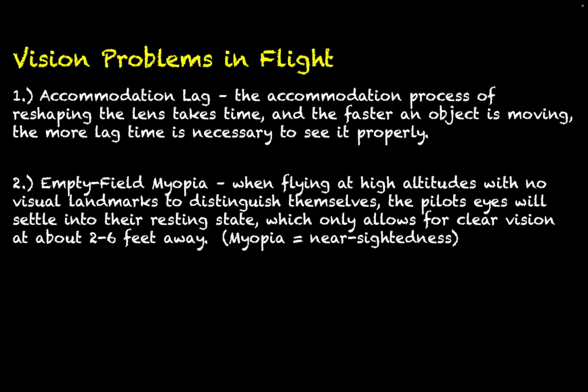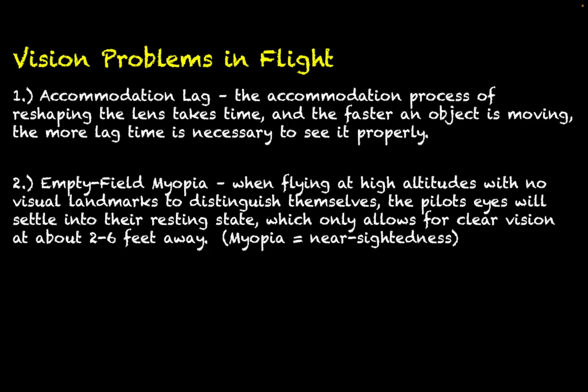With empty field myopia, this describes a phenomenon that when you are flying at very high altitudes with no visual landmarks, or it's cloudy and you don't really have anything to look at to distinguish yourself, if you're just staring out into empty space, your eyes as a pilot are going to naturally settle into their resting state, which is basically to focus on what's right in front of your nose.